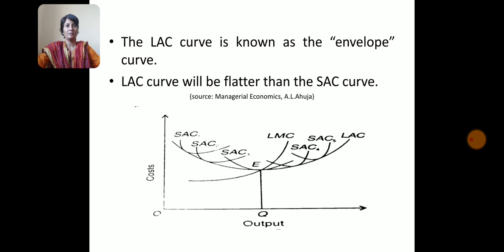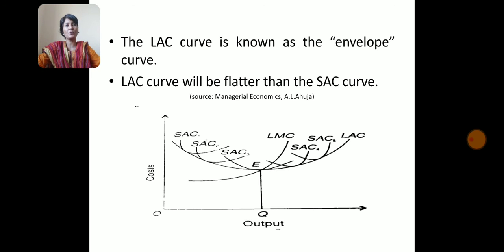Returns to scale depict the change in output with respect to a change in input. During increasing returns to scale, the output doubles by using less than double inputs. As a result, LTC increases less than the rise in output and LAC will fall.